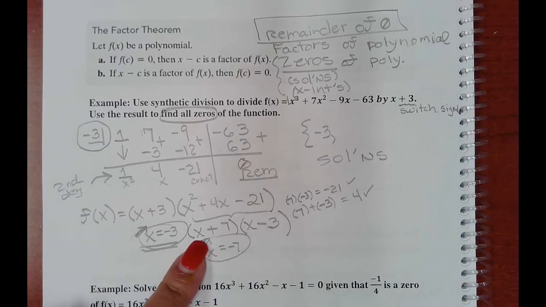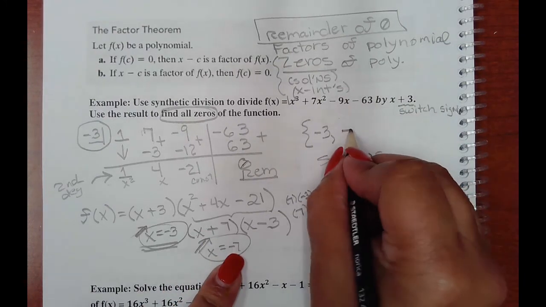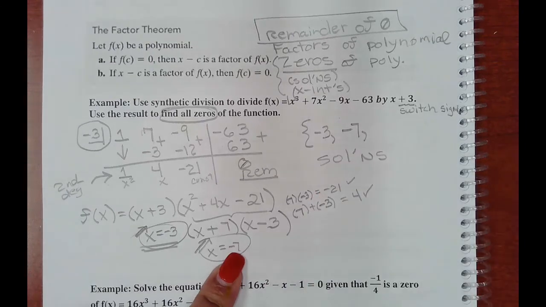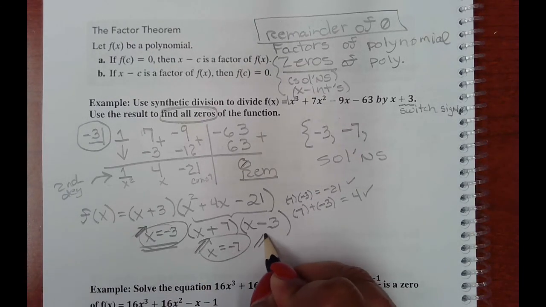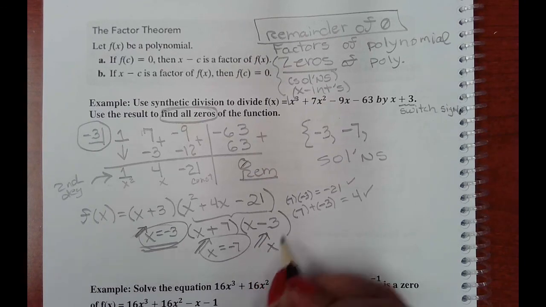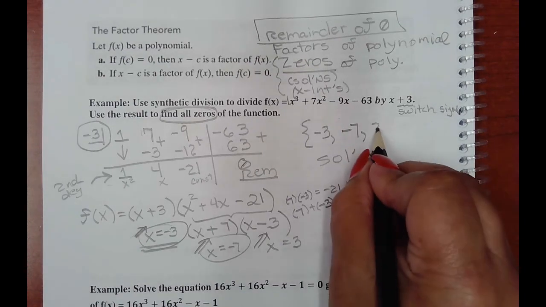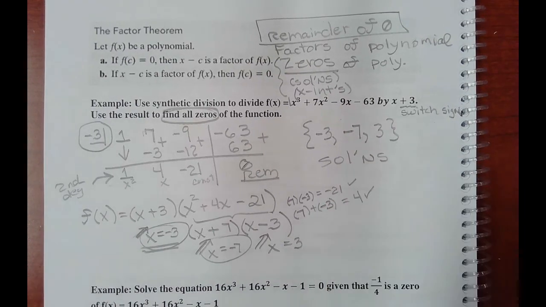And now we can just look at them and say, okay, what would make this 0? -7. So that's another answer for us, another solution, or what we call a 0. And then look at this factor, and the value that would make this factor equal to 0 would be +3. So you have all 3 solutions.